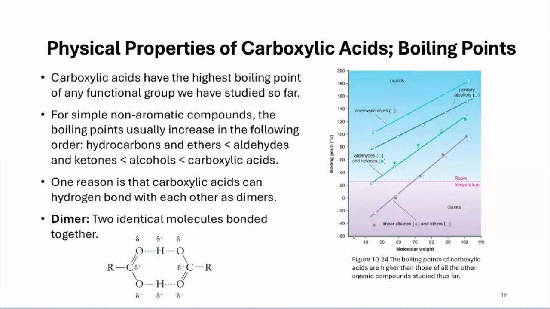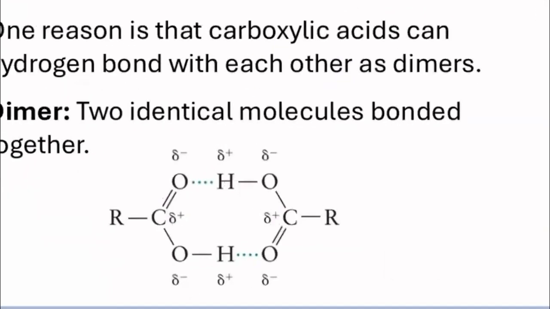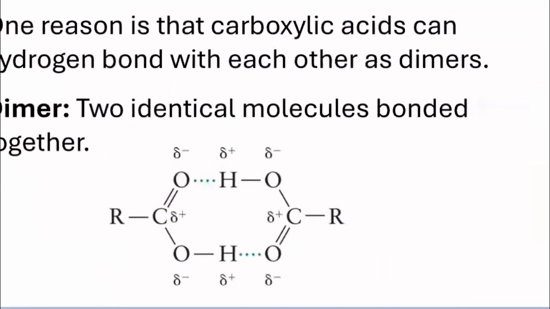One of the important reasons why carboxylic acids have that observation is because carboxylic acids can form dimer molecules. What that means is, if we look at the interaction at the bottom of the slide, when a carboxylic acid is in the presence of itself, it can do hydrogen bonding.